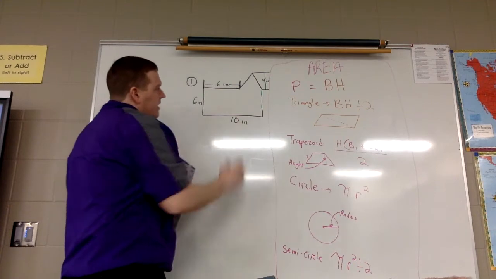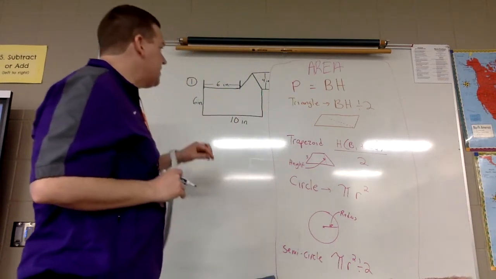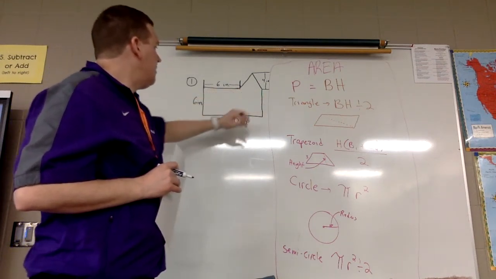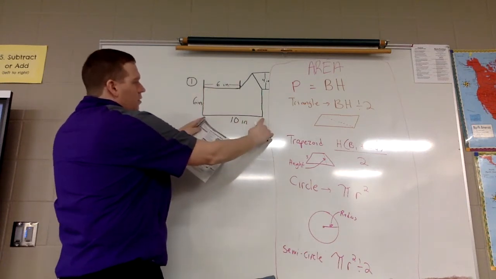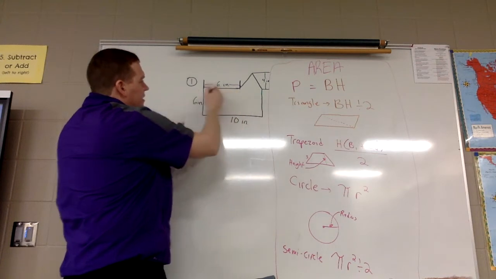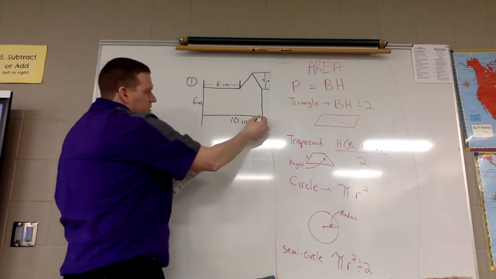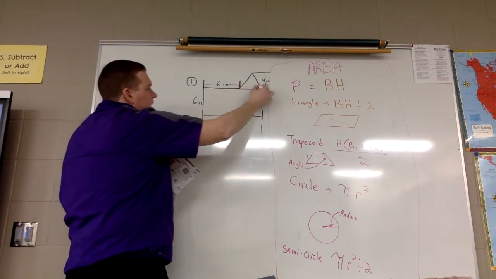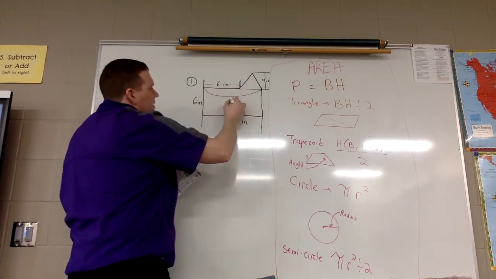Now, just like yesterday, we should be able to see that since this whole thing is 10, and this much is 6, then from here to here, that whole thing would also be 10.